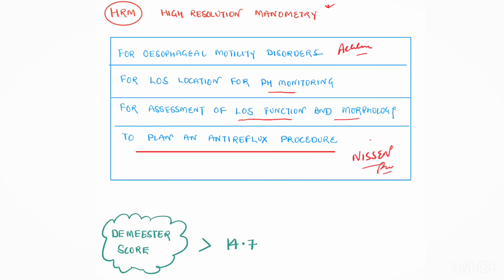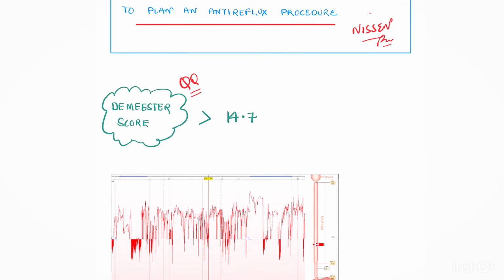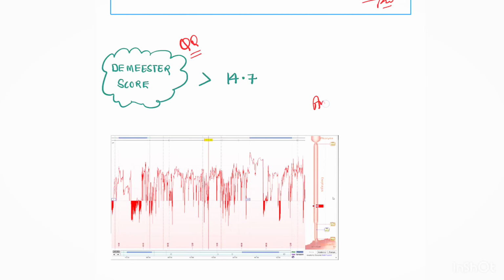So there is a DeMeester score. DeMeester score is based upon the ambulatory pH monitoring investigation. Here we measure the pH in the lower esophageal sphincter part, and for this investigation we keep the patient proton pump inhibitor free for 2 weeks.